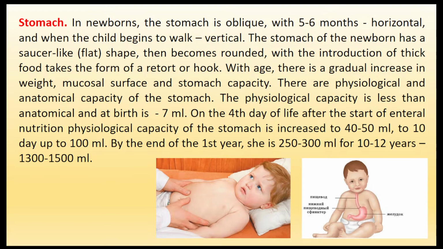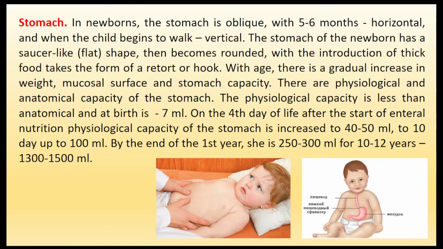Stomach. In newborn, the stomach is oblique; at 5-6 months, horizontal position, and when the child begins to walk, vertical position.